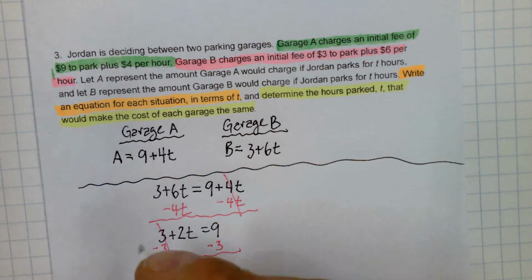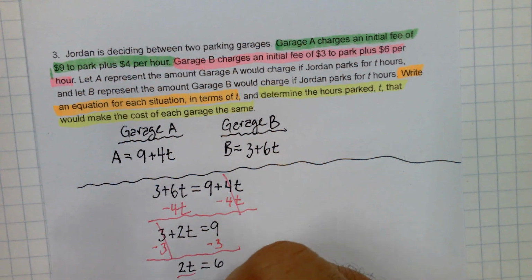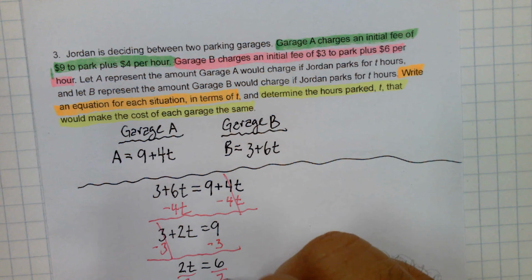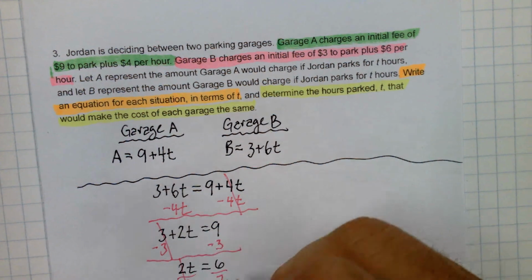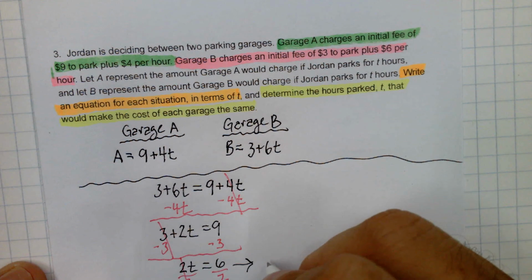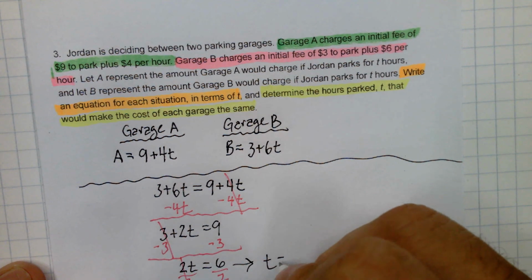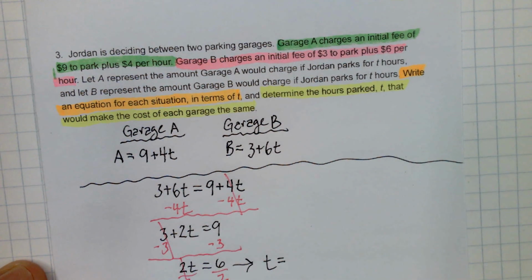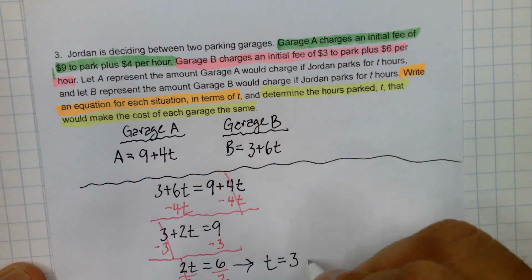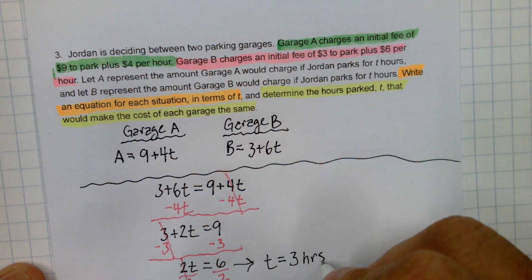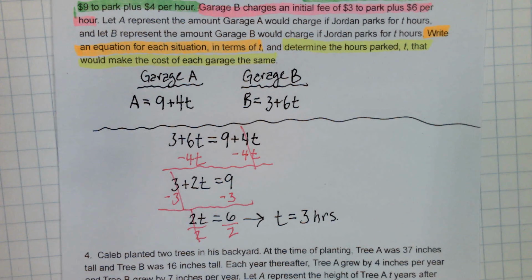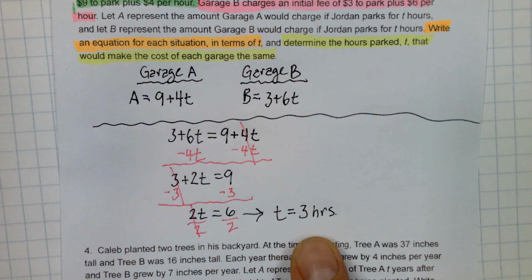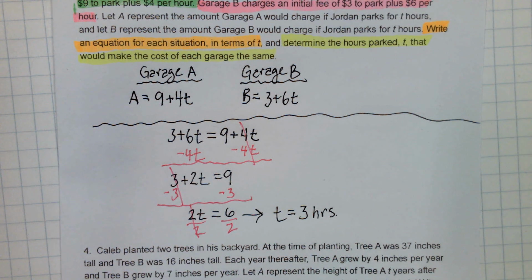So let's divide out the 2. And we get t equals 6 divided by 2, which is 3 hours. At the 3-hour mark, they would cost the same.